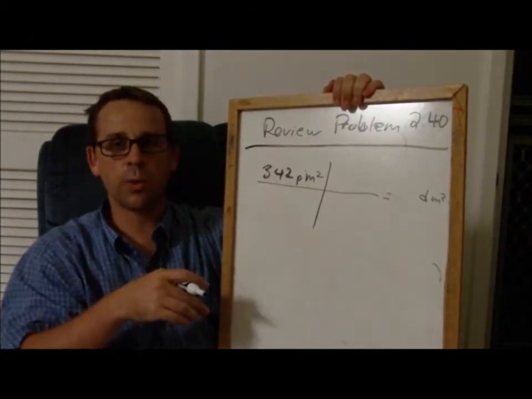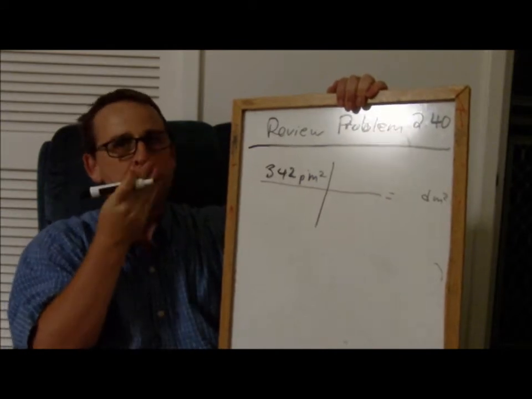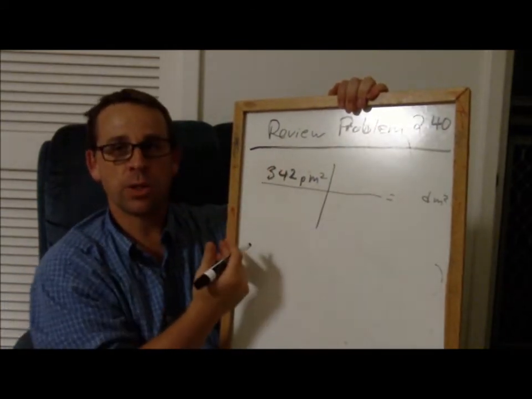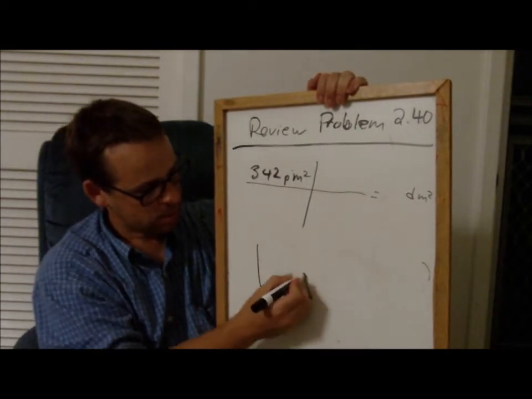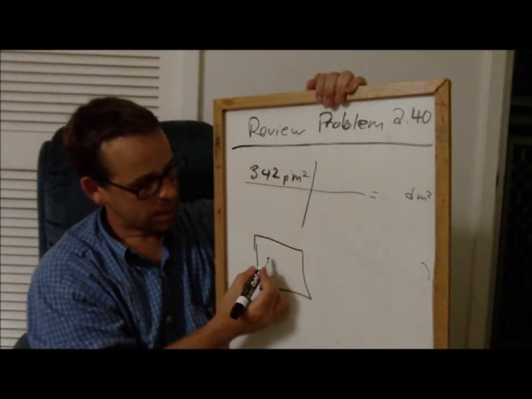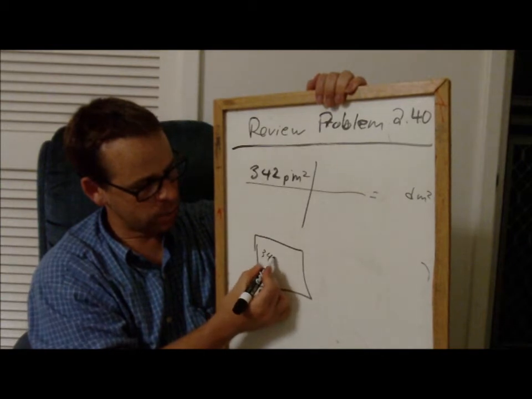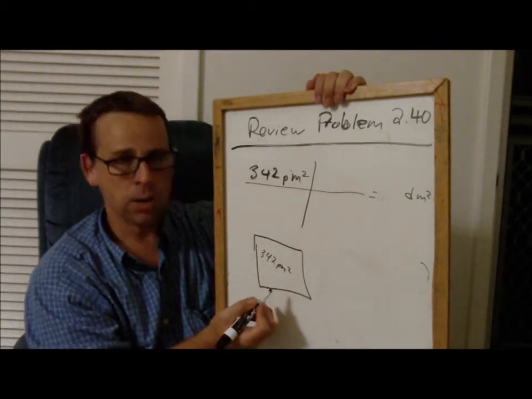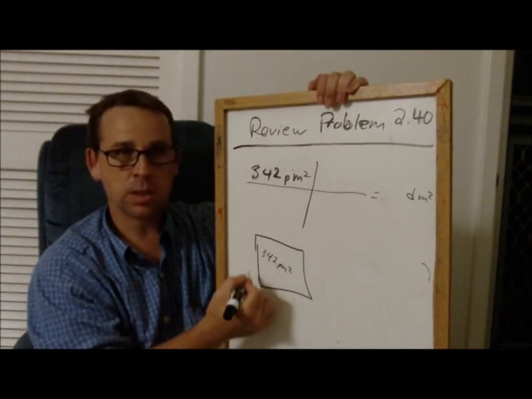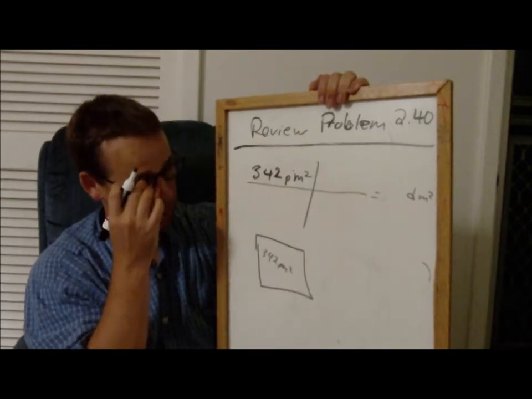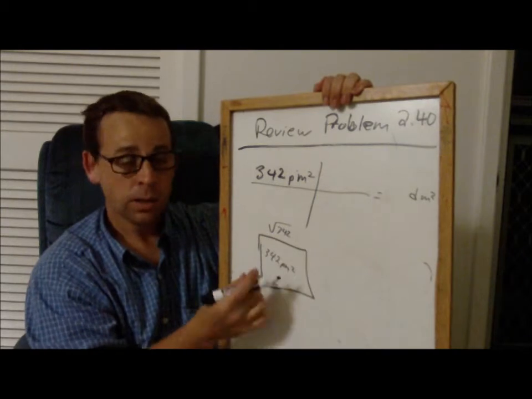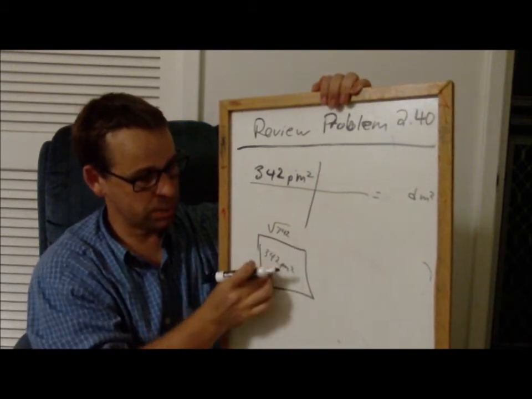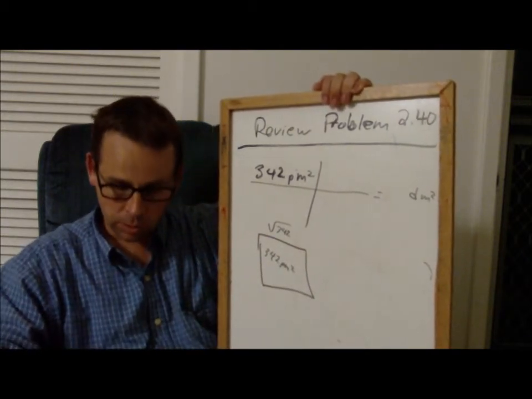When we say 342 picometers squared, that's an area, right? So we have a box. We'll draw it like this. It has an area of 342 picometers squared. So what are the units on the side there? It's the square root of 342, right? Because that's something times something equaled 342.